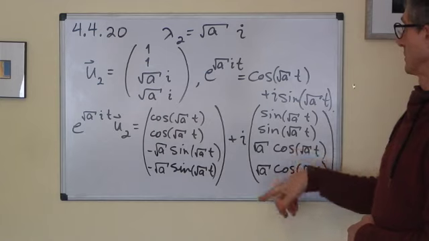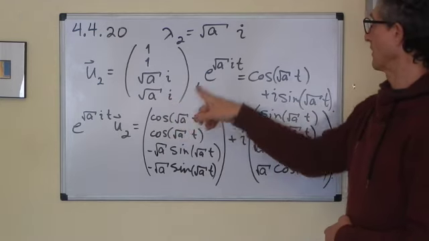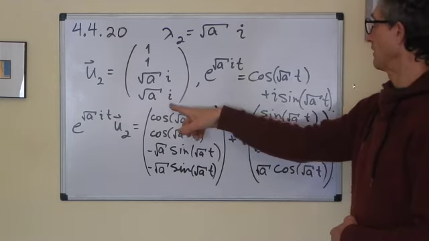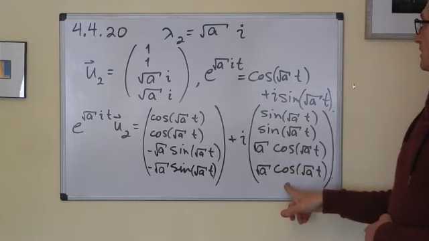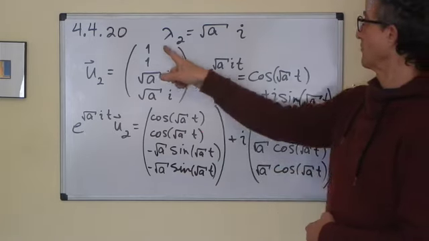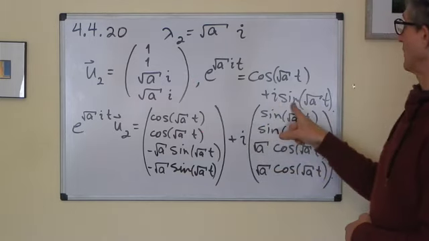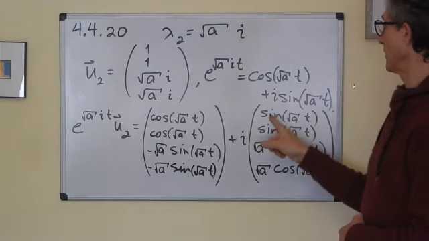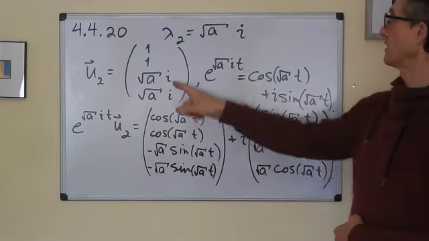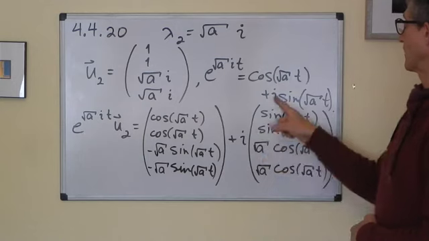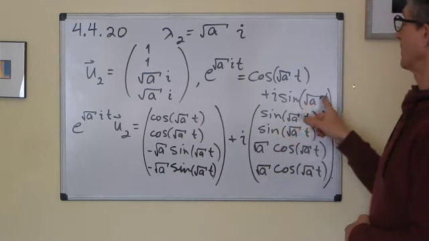Over here, I have square root of a cosine times i in the fourth component. In the first component, I have i times sine at times 1. And in the second component, I also have i times sine at times 1.